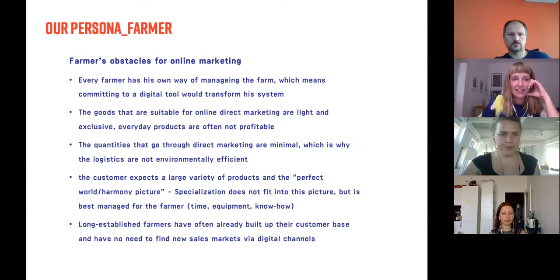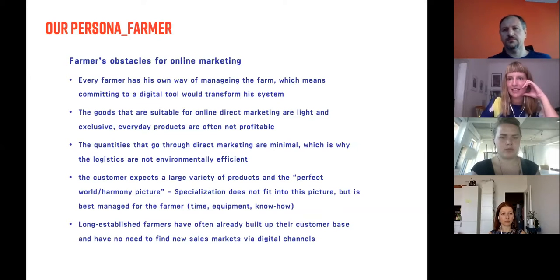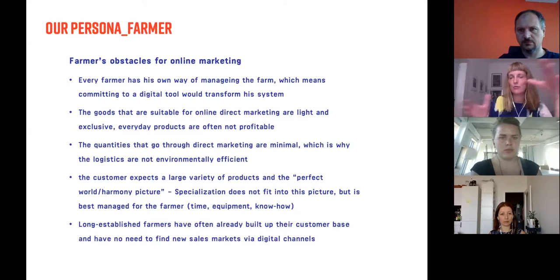Further obstacles for online marketing: every farmer has their own management on the farm, so no farms are alike. Everyone is connected to the land and has designed their own processes and structures for managing their farm.